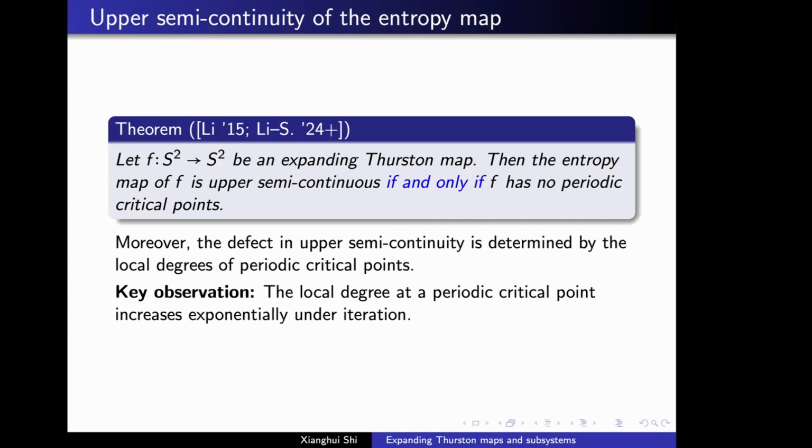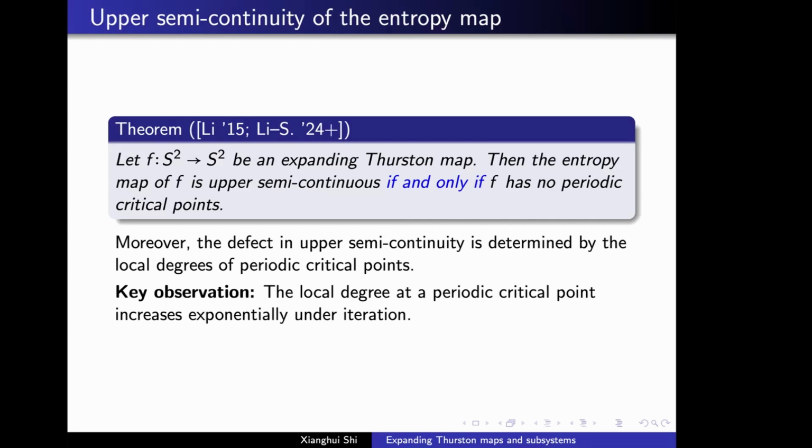Your question is related to identifying the set of discontinuous points of the entropy map, right? The entropy map is continuous at a measure if the measure has no atom at those periodic critical points, right? My guess is it's right, but I haven't proved it.